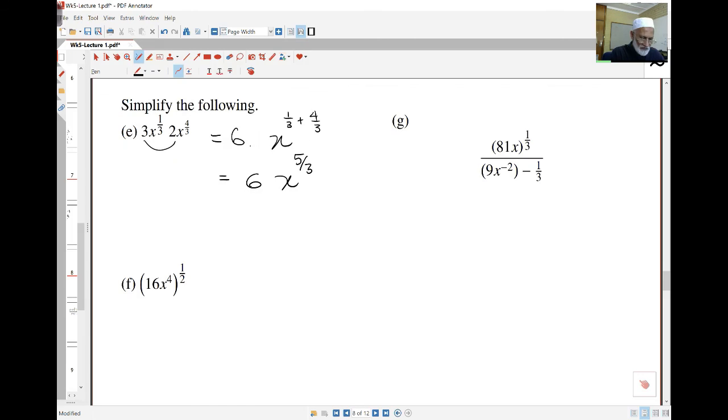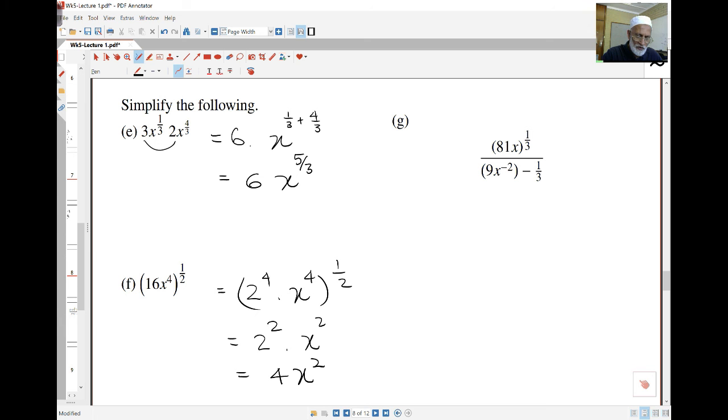If, similarly, I can write this 16 as 2 to the 4th, then times x to the fourth, then to the half. So 2 to the fourth times a half is 2 squared, and x to the 4 times a half is x squared, so it's 2 squared x squared, that becomes 4x squared.